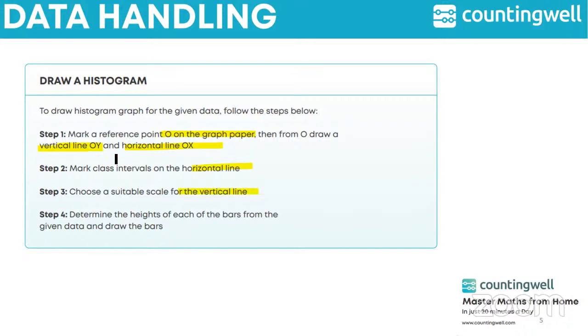So always remember class intervals on the horizontal line and your frequencies on the vertical line. You have to determine the height of each of the bars from the given data and then draw the bar. So the height of the bar will represent the frequency of the data.